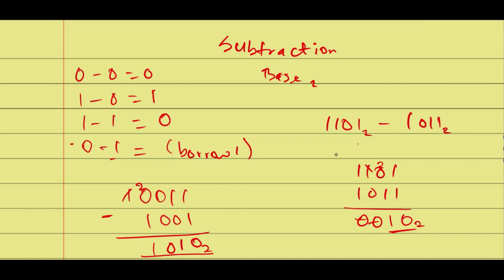binary multiplication. So, multiplication. Binary multiplication is very much similar to decimal multiplication, but remember we can only use 0 and 1. So let's solve an example. Let's multiply 101 by 11 in base 2.